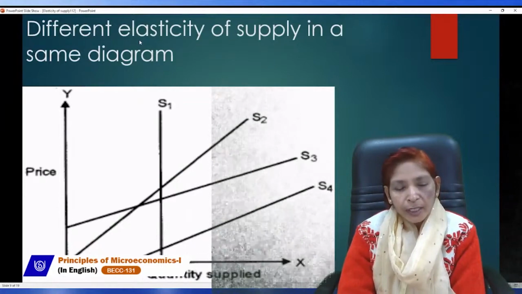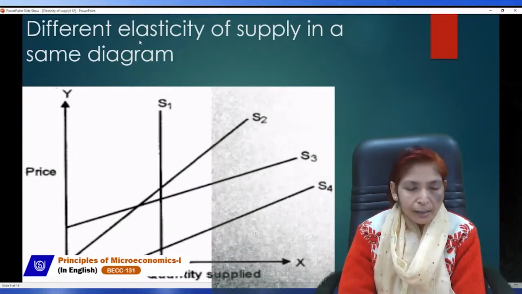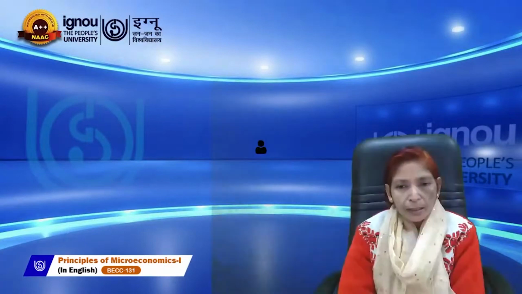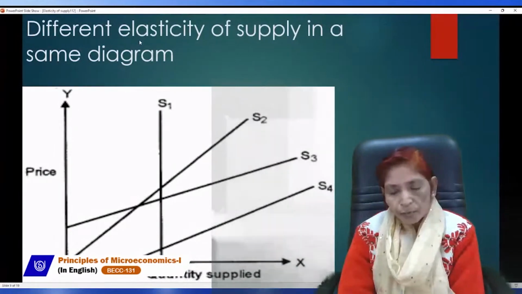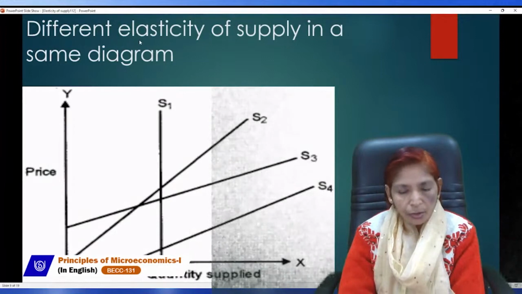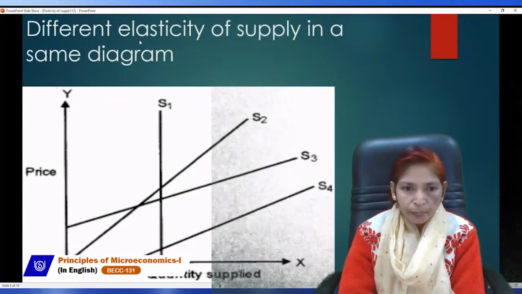If we take a supply curve from the y-axis, it shows greater than unitary elastic supply, and the last curve, S4, starts from the x-axis, not from the origin, not from the y-axis. It is showing less than unitary elastic supply.